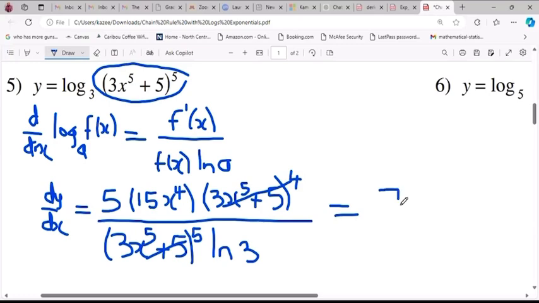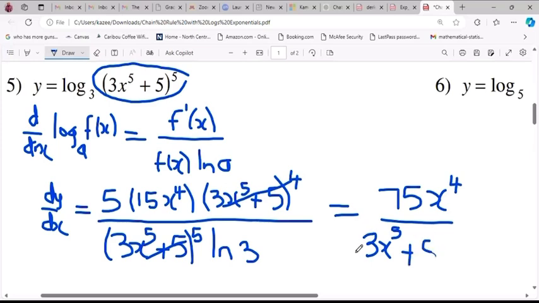So I'm going to have 75 x raised to the power 4 divided by what I'm left with there, 3x to the 5 plus 5, then ln of 3.